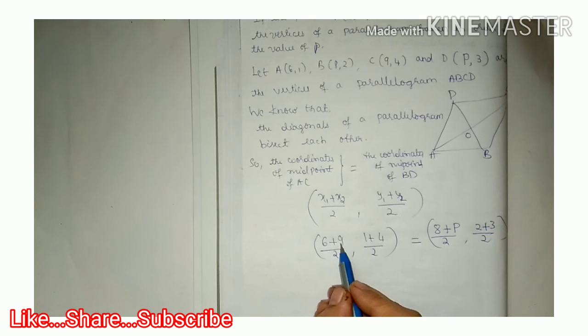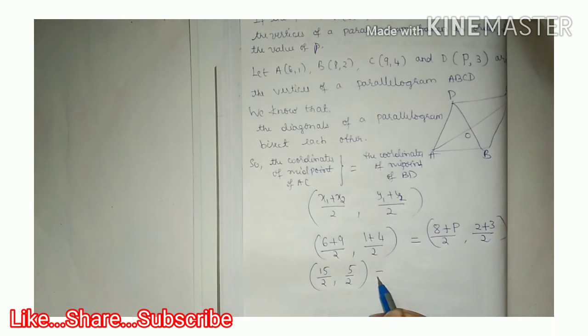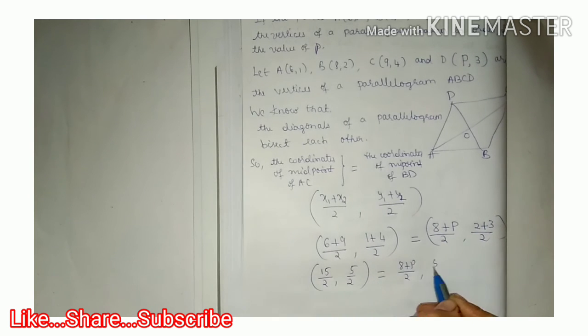Simplify: 6 plus 9 is 15, 15 by 2, 4 plus 1 is 5, 5 by 2, and (8 plus P)/2, 5 by 2.